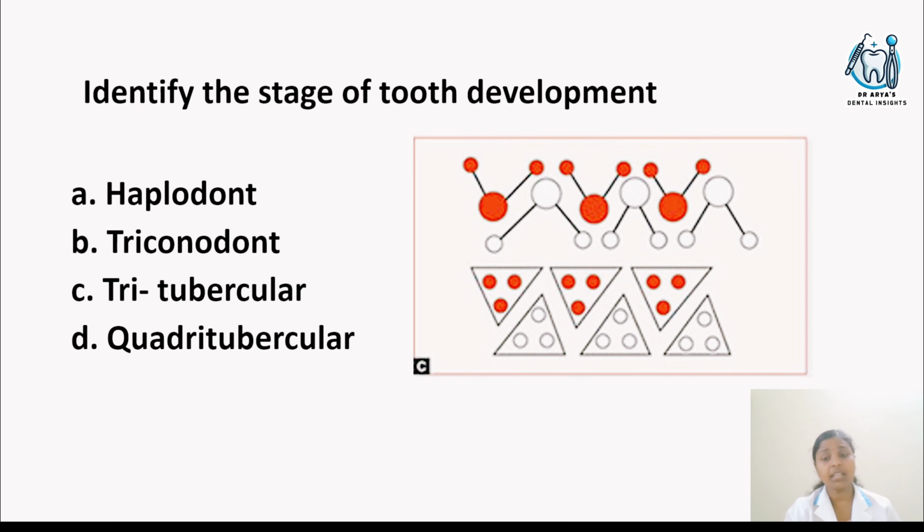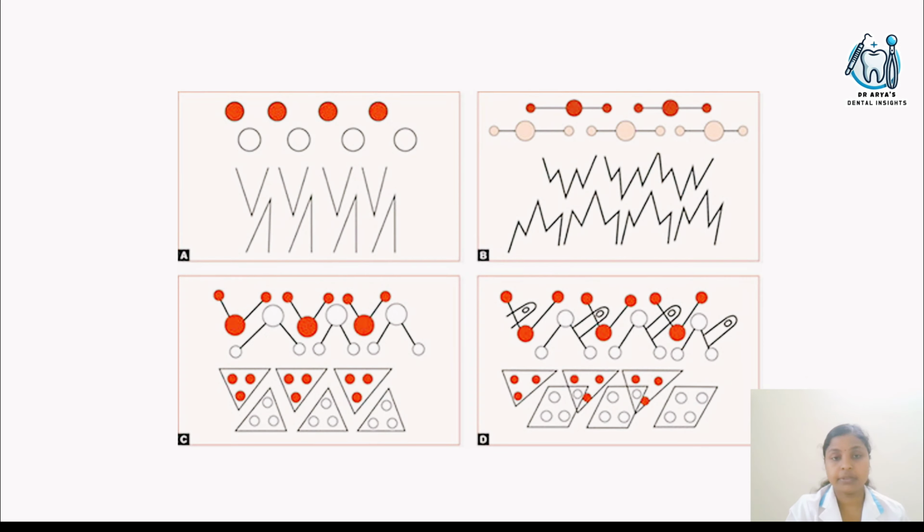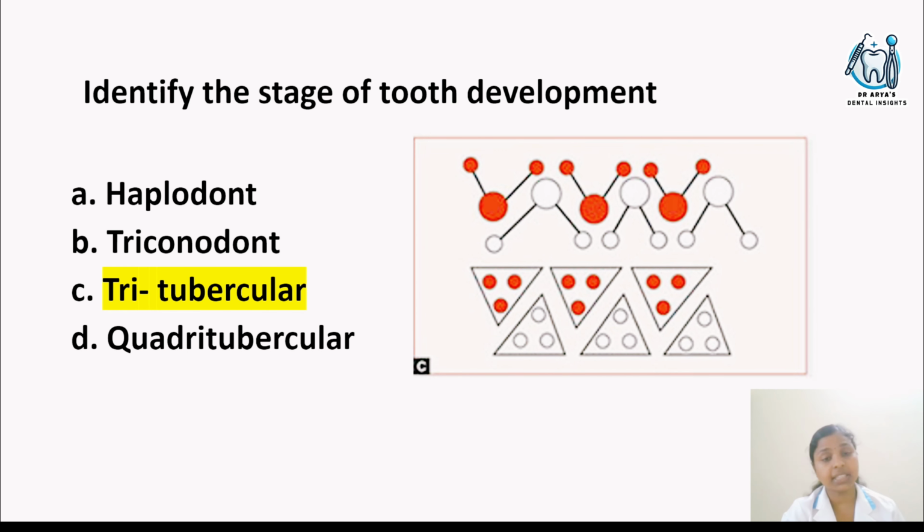That's the tritubercular type. So this is the haplodont, this is a triconodont, this is a tritubercular class, and this is the quadritubercular class. So our answer is tritubercular.